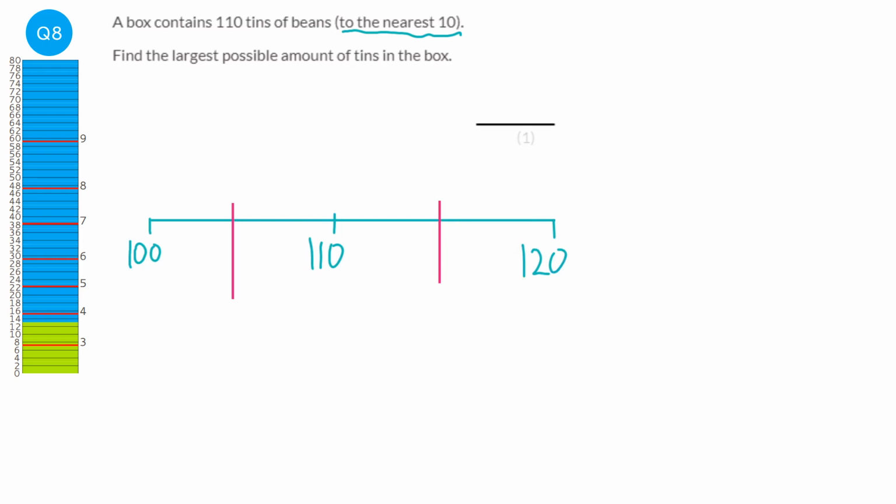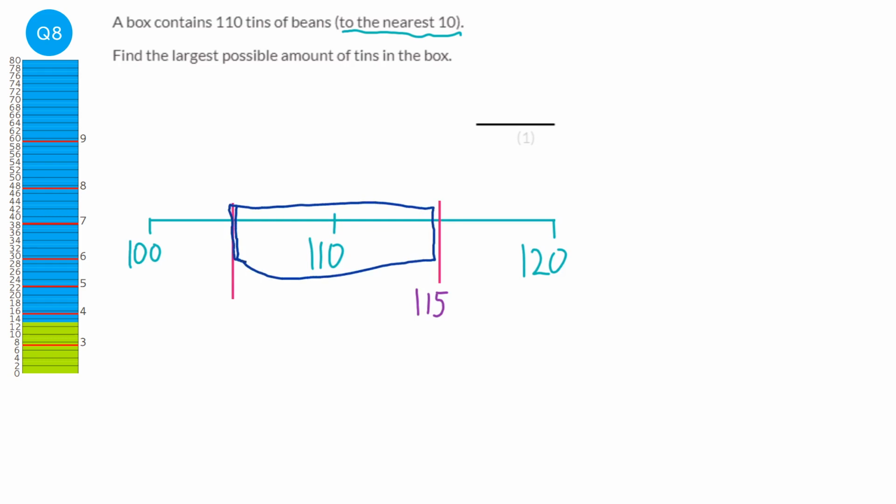If the number is on the cutoff point, which we can see is going to be 115, then we know it would round up. So we need to find the biggest number in this part here, and it includes this line actually.